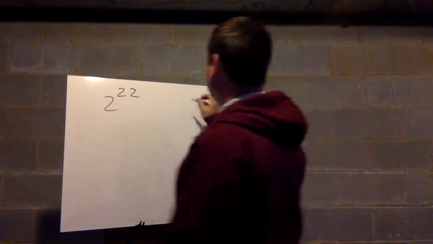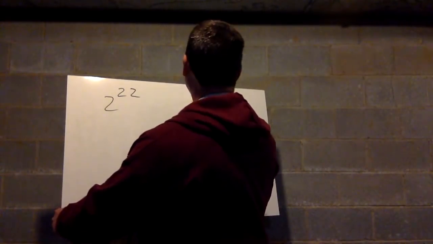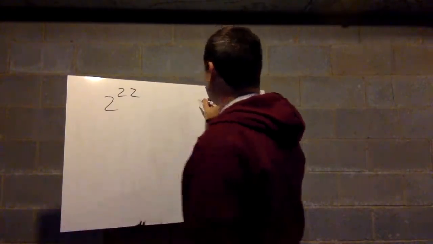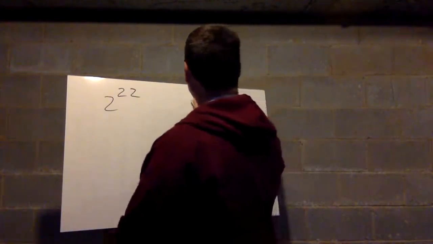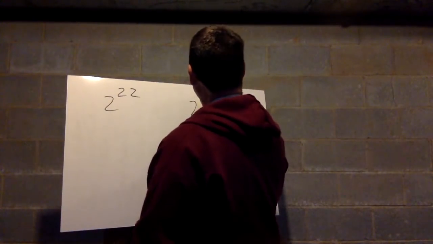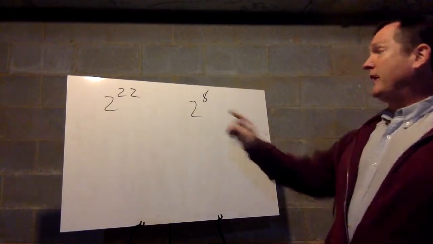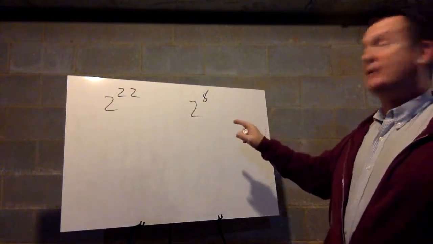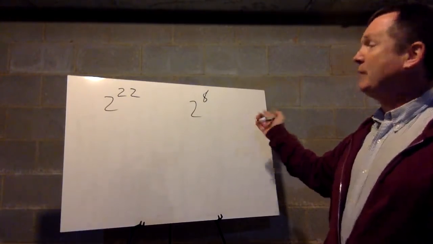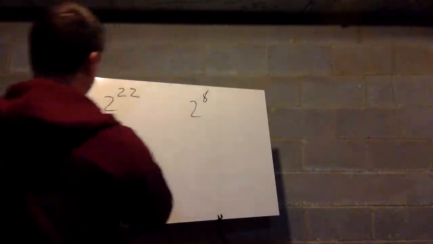Let's pretend, and again, I'm just making this up, that a page size is 2 to the 8 bytes. So if we took that logical memory and we started breaking it up into page size pieces, how many pages would it have? And that's just division.